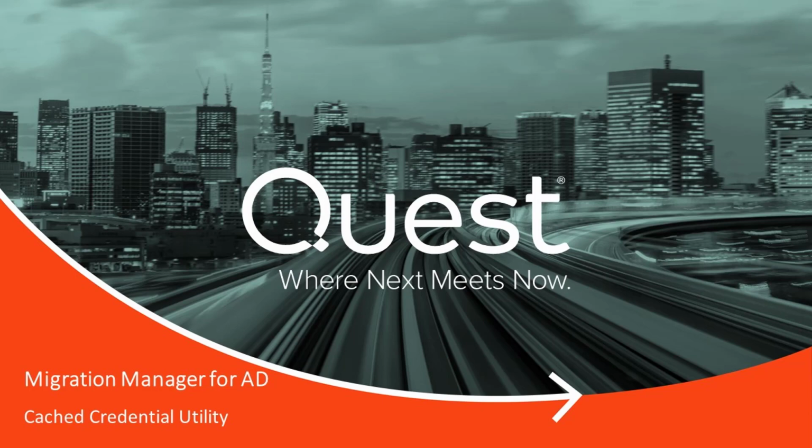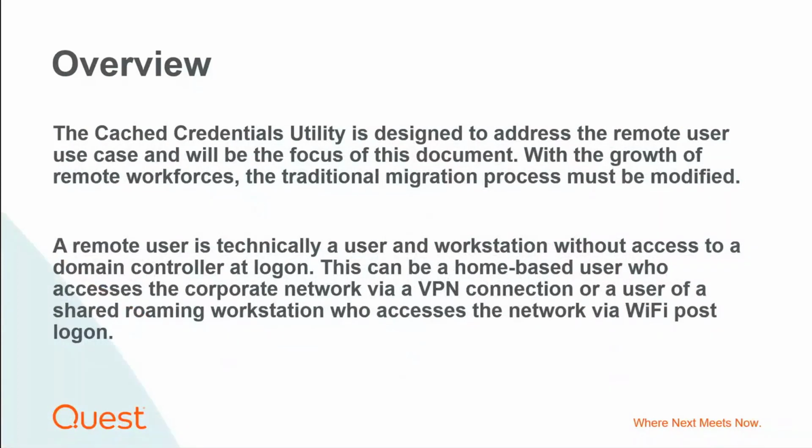So typically, the cache credential utility is used to address remote users that do not come into an office and are typically VPN'd in. So for these types of users, we cannot use our traditional RUM console, RUM agent deployment mechanism to migrate them, as they are not connected to a network, and when they are disconnected from VPN, do not have access to the domain controllers.